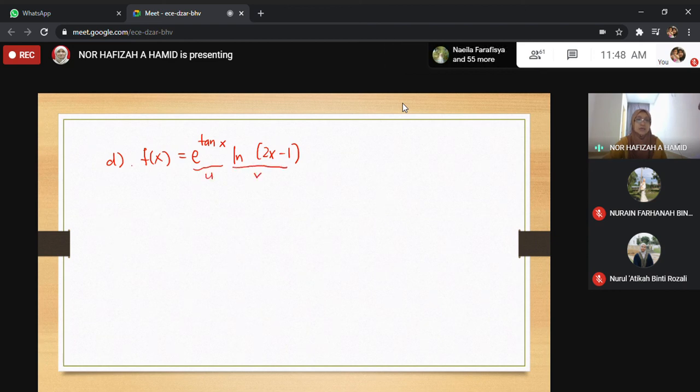Okay, so product rule, U is E tangent x and you differentiate du over dx, differentiate E tangent x. So you can refer balik formula for exponent E tangent x. Lepas tu differentiate tangent, you have secant square x. Okay, so also equal to secant square x E tangent x.